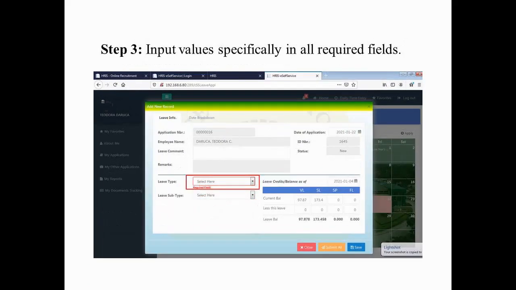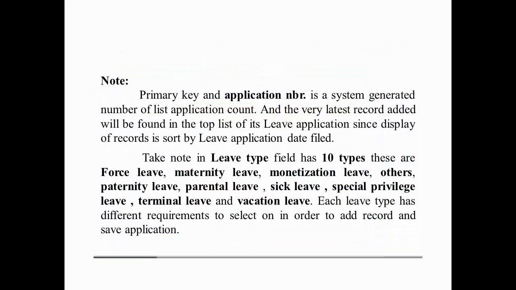Step 3. Input values specifically in all required fields. Take note, the primary key, application number, is a system-generated number of the list application count, and the very latest record added will be found at the top of the leave application list, since records are sorted by leave application date filed.